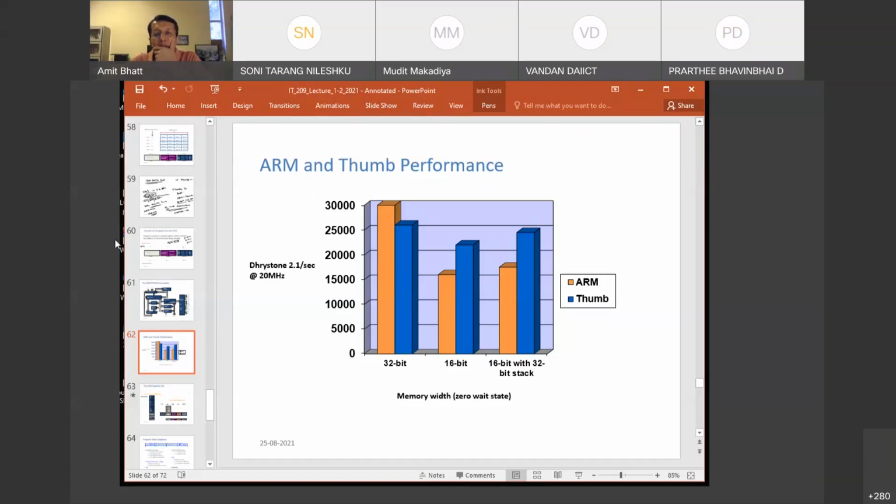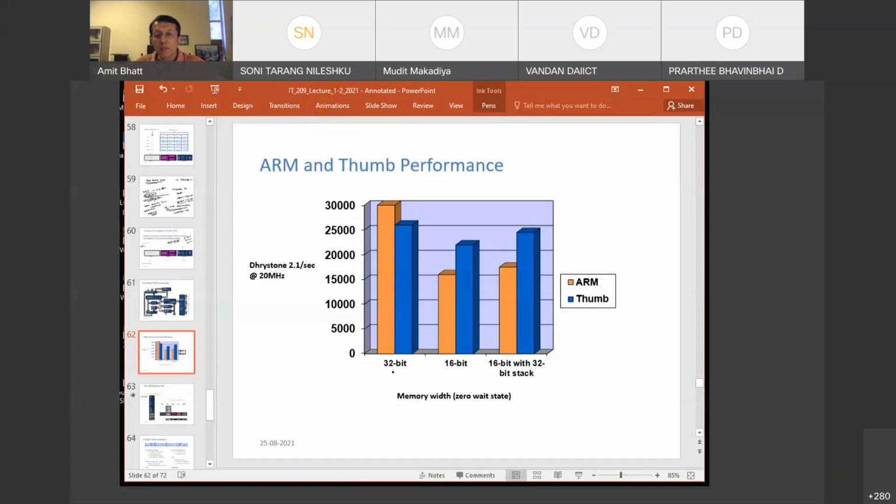Now, the one given in orange says the performance of a program written using the ARM instruction set. Suppose you have to write a merge sort program, and you have written that program using the ARM instruction set. And you have written that same program using the Thumb instruction set. Now you are executing that program, and you have stored it in 32-bit memory.